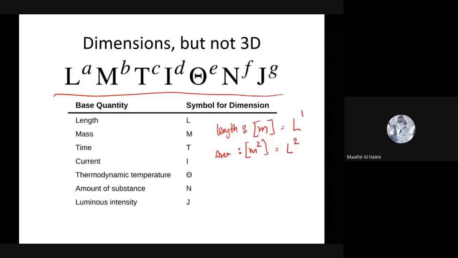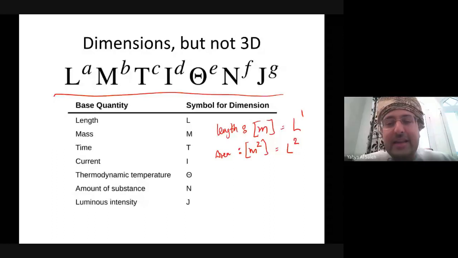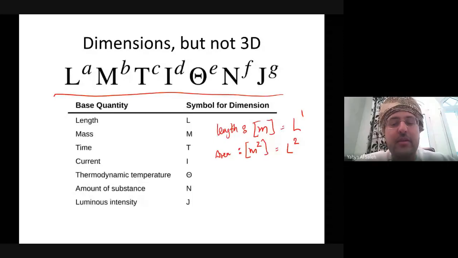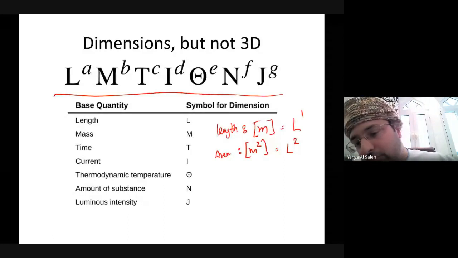The dimension, it's still in length, right? Meter times meter. Meter square. Yes. So it's length to the power 2. It has twice length. Correct? If I go for volume, meter cube, I will get L cube.